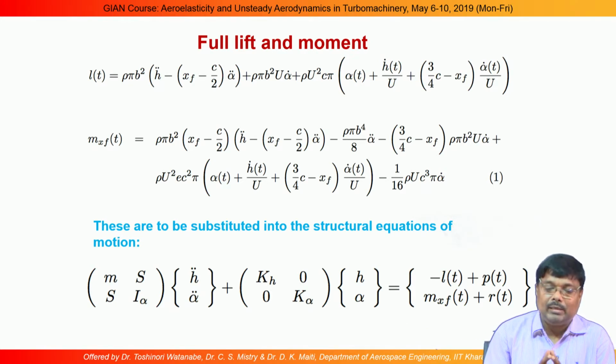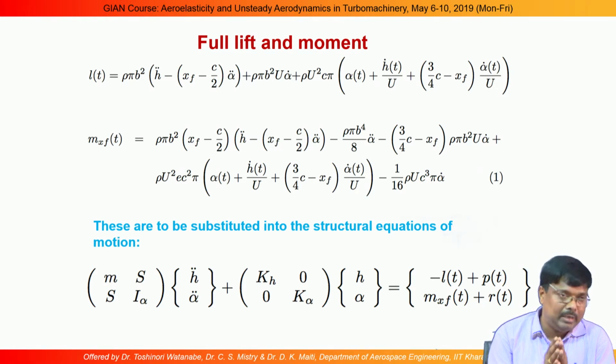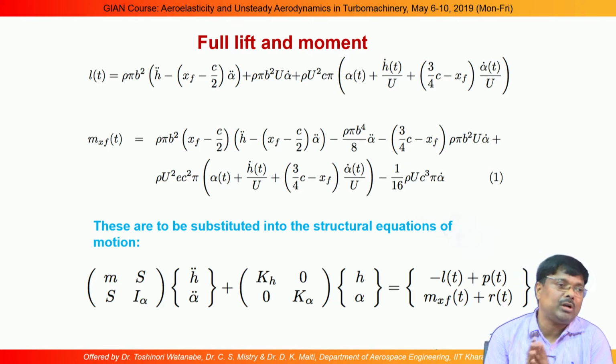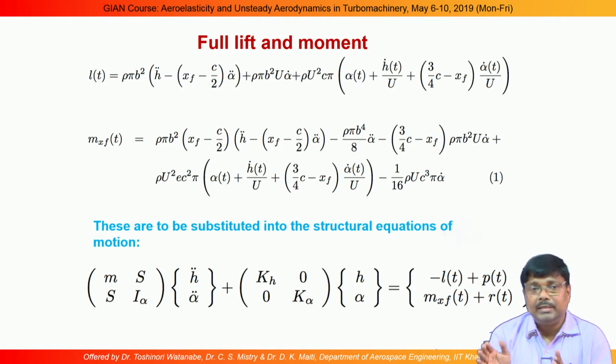The acceleration part is nothing but equivalent aerodynamic mass, H dot or alpha dot related is equivalent aerodynamic damping, and the forces related to only alpha or only H are aerodynamic stiffness. So, we can rearrange them, take them to the left side and get an equation with right hand side equal to 0.